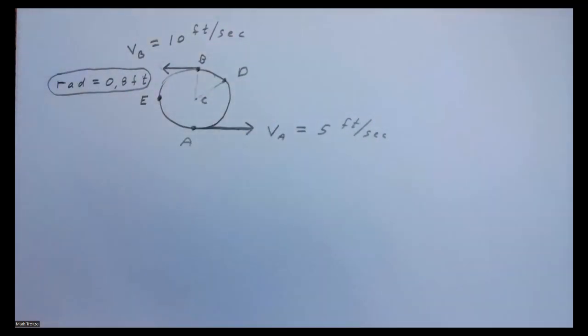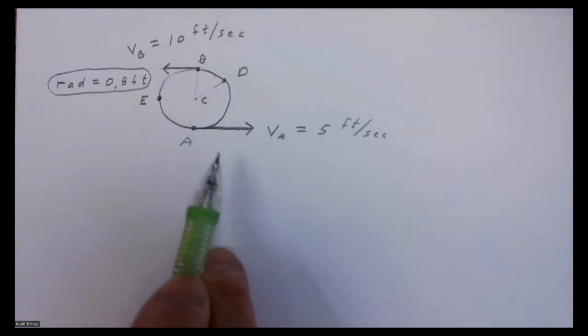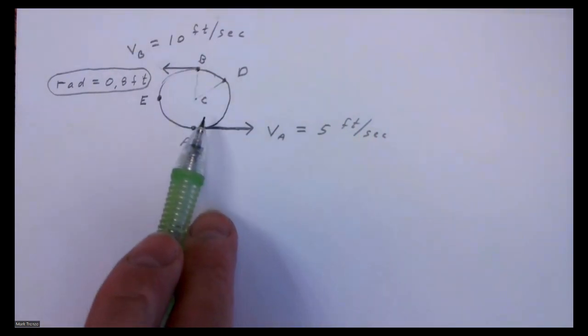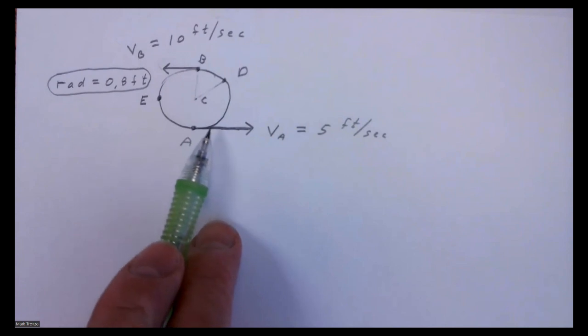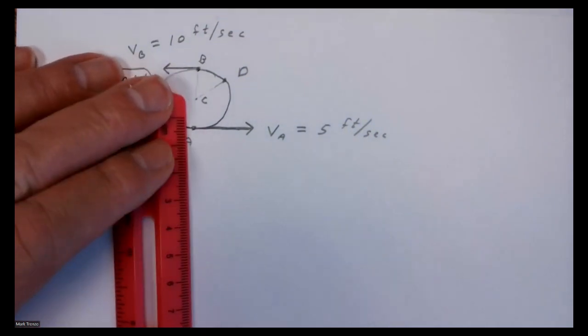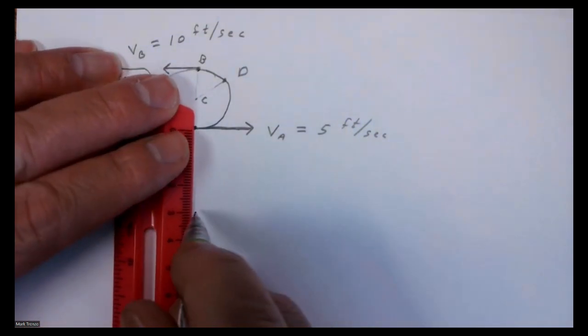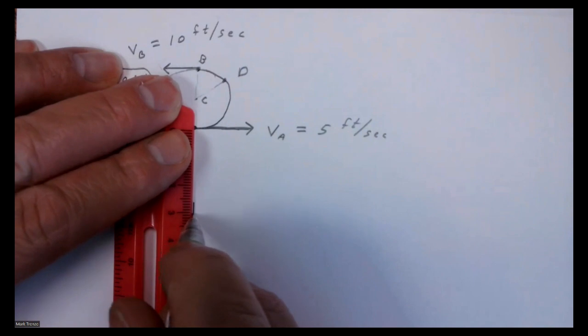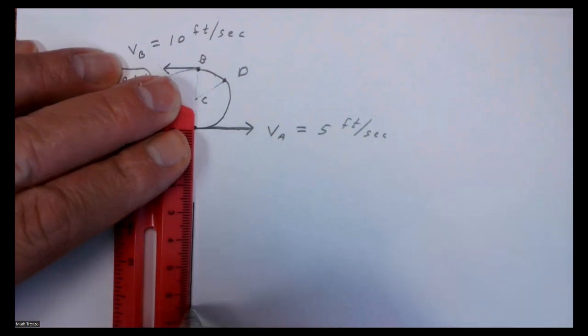And this is point A here. Remember, if we have two parallel velocities like this going in opposite directions, we can usually use similar triangles, and we can set them up like this.